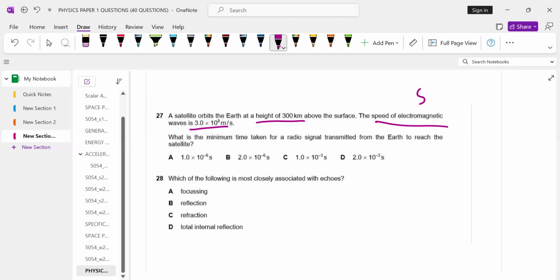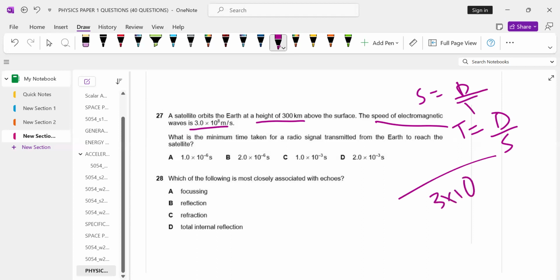The formula is speed equals distance upon time, and we will rearrange this formula, which would be time equals distance upon speed. The distance is in kilometers and the time is in seconds. You need to make the units the same. Speed is 3 into 10 power 8 meters per second. Distance in kilometers, you will convert it into meters by multiplying by 1000.